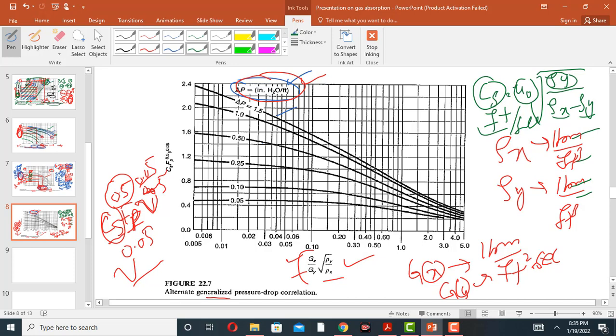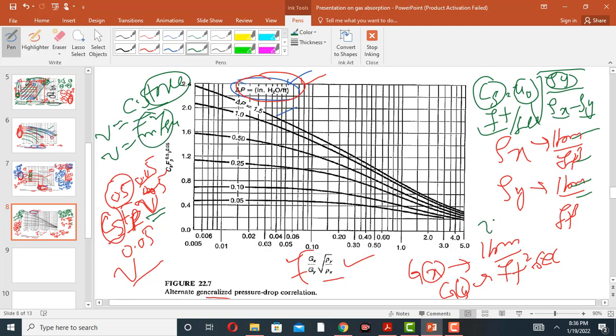Now the unit of kinematic viscosity is the centistoke. As we know, the unit of viscosity can be like meter square per second, or centimeter square per second.